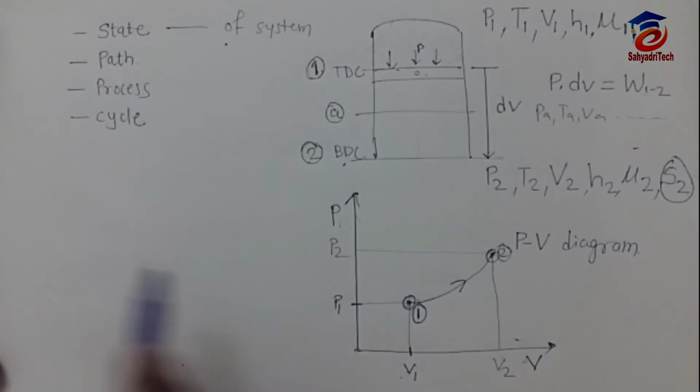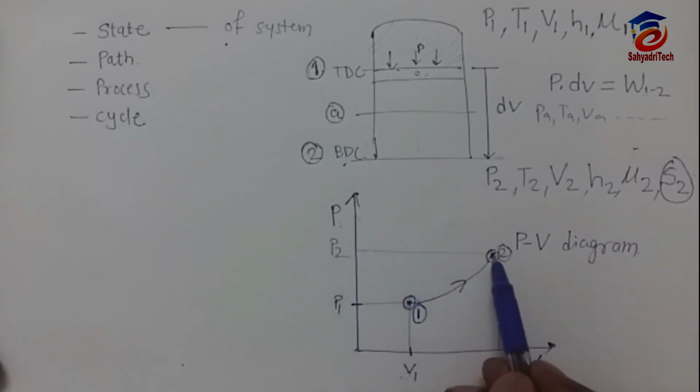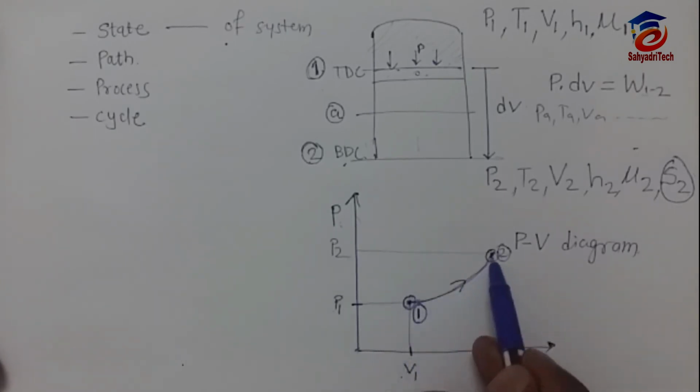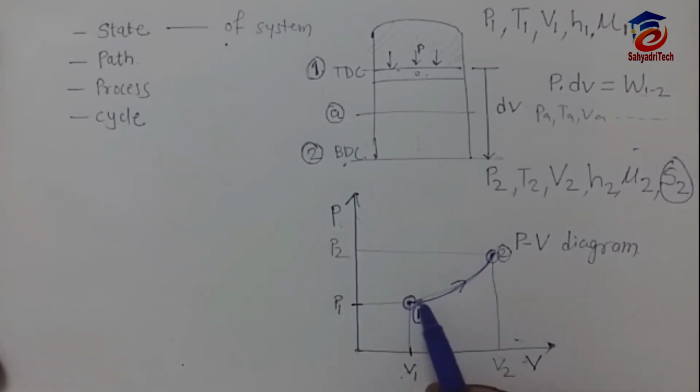Now see what is path. Here you can see we can define the system by state 1, and we can define the system by state 2. And we have reached state 2 from state 1 by this path. So this is nothing but a path, the thermodynamic path.